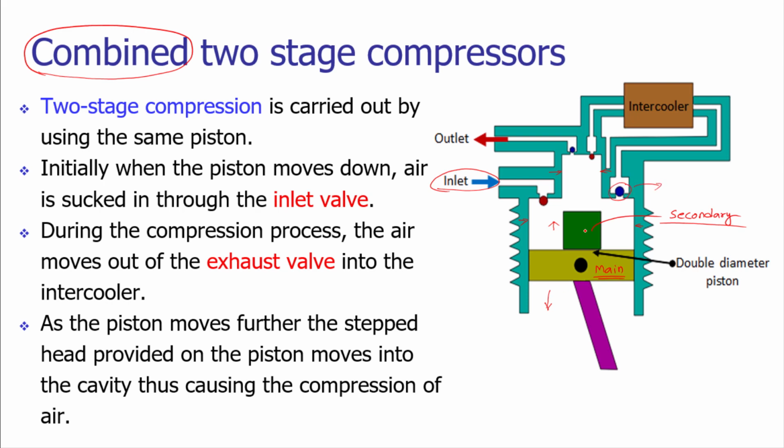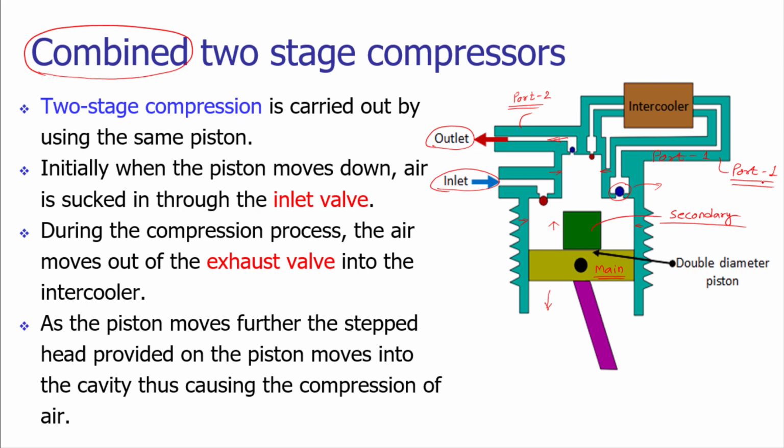During the forward stroke, the air will be compressed and passed through two different ports which are connected to the outlet of the system. Here you notice there are two ports, port 1 and port 2. Port 1 and port 2 are connected to the outlet valve.